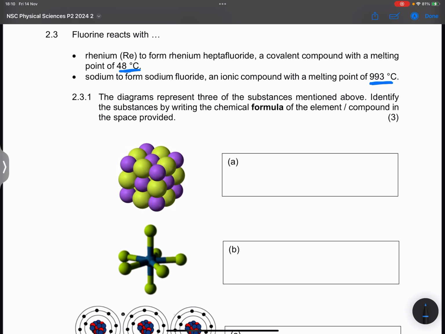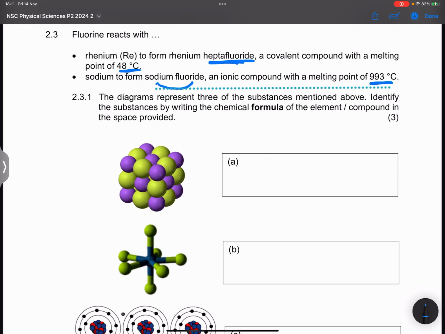Right, now firstly they say to us the diagram represents three of the substances mentioned above. Identify the substances by writing the chemical formula of the element or compound in the spaces provided. So I want you to note, the one is heptafluoride, the other one is just sodium fluoride. Meaning that you've got one sodium, one fluoride.